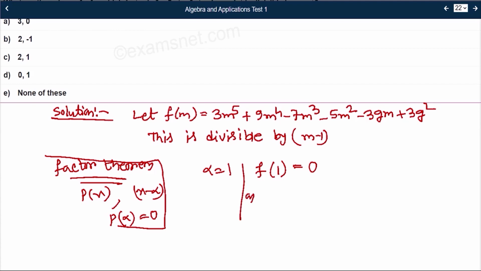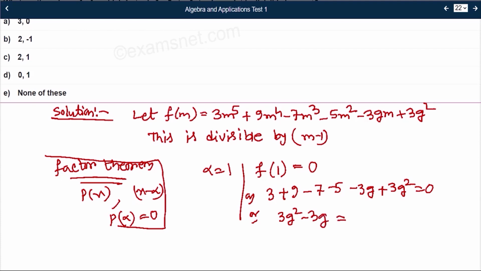3 plus 9 minus 7 minus 5 minus 3g plus 3g whole square equals 0, or 3g square minus 3g equals 3 plus 9, 12, minus 12.